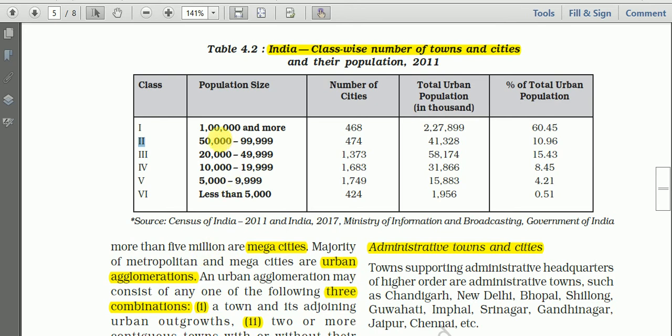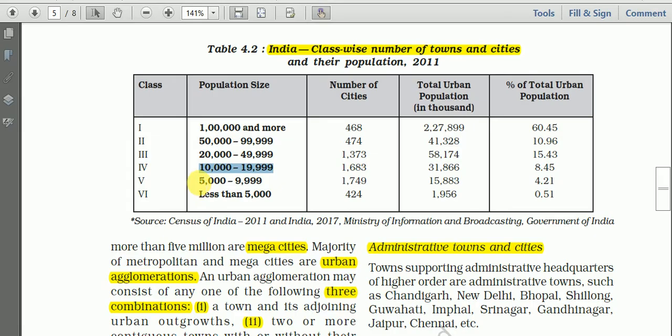Then population size: for the class 1 town, the population should be 1 lakh and more. For the class 2 town, 50,000 to 99,999. Class 3 town, 20,000 to 49,999. Likewise, class 4 town, 10,000 to 19,999.